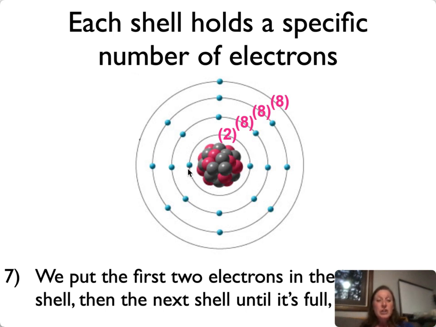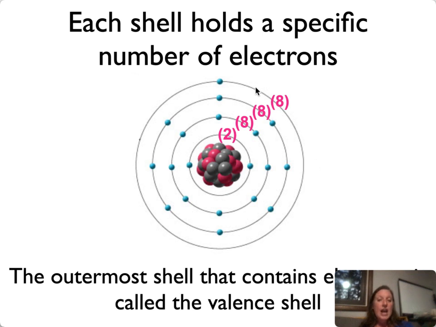The very first car that gets filled is, of course, the two-seater sports car, which is way more fun to ride in than all of these minivans that hold 8 electrons. So this fills up first. And once this is filled, the remaining electrons find their seats in the shells that are outside of that until we've taken care of all the electrons that that atom has.